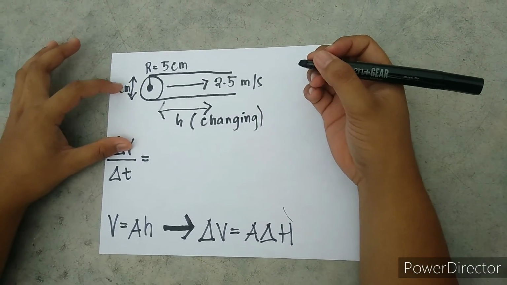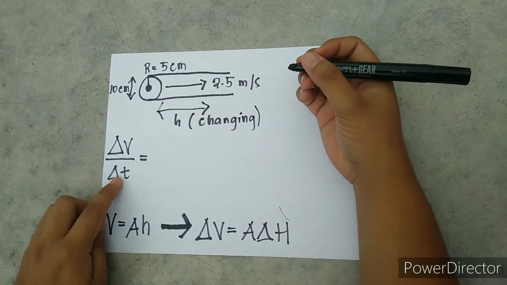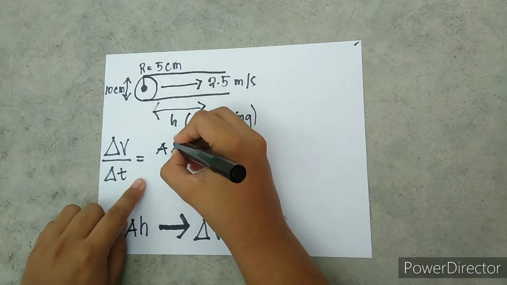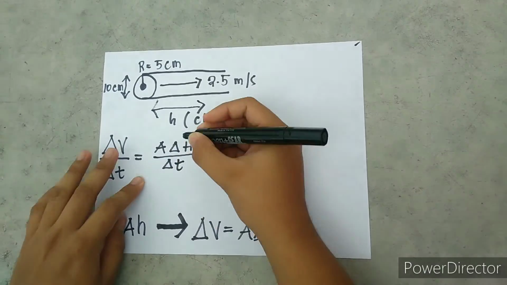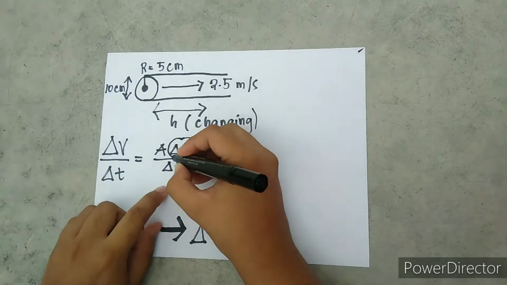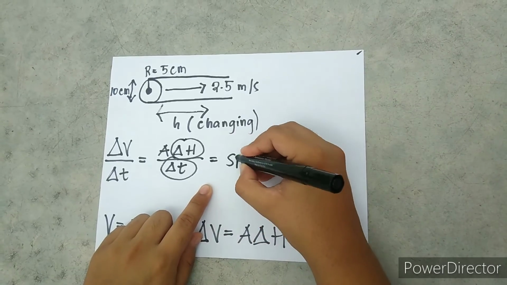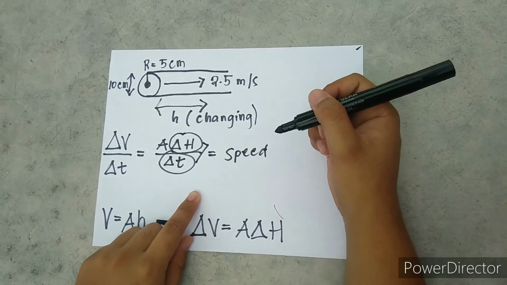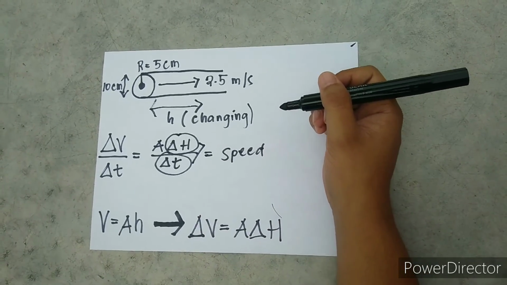Therefore, the diameter is constant, so the area is not changing. So the change in volume is A times delta H divided by change in time. If we divide delta H by change in time, that is going to give us the speed. So, let us proceed back to solving.